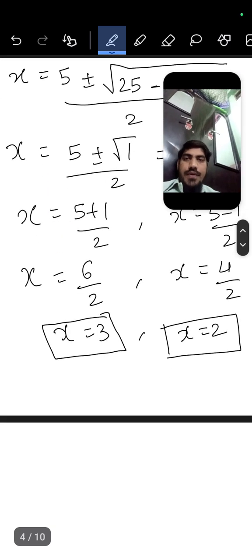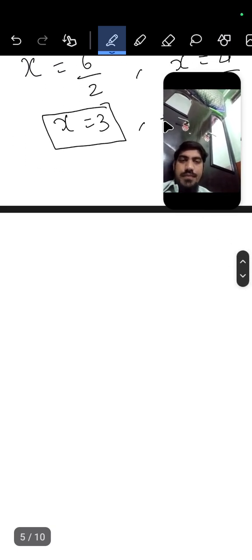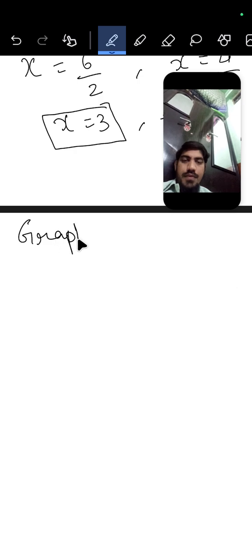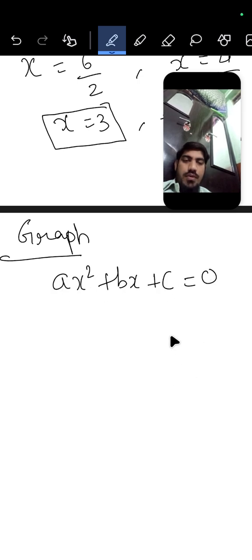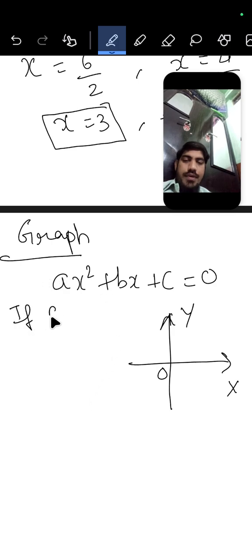Also, if we see graphically, the graph of a quadratic equation, ax square plus bx plus c is equal to 0, if this is my y-axis and this is my x-axis, if a is greater than 0, then the graph of our quadratic equation is an upward parabola.